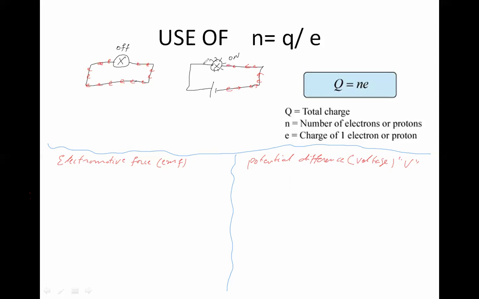If anyone wants to move you, what should he do? He should provide you the energy. The battery provides energy to the electrons to move in the circuit, and this energy provided is called EMF.